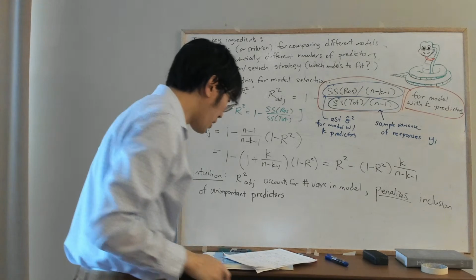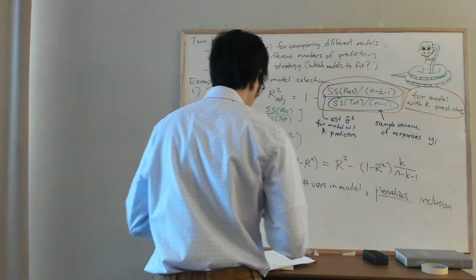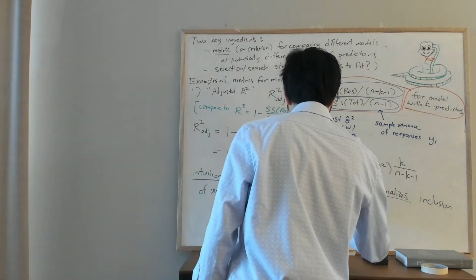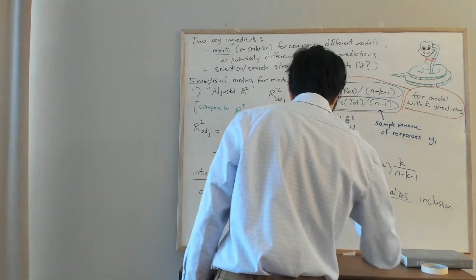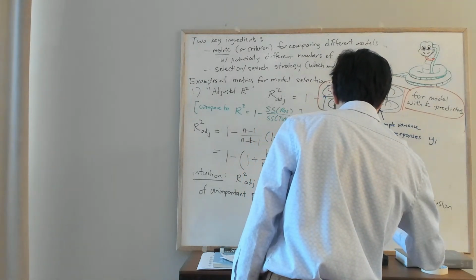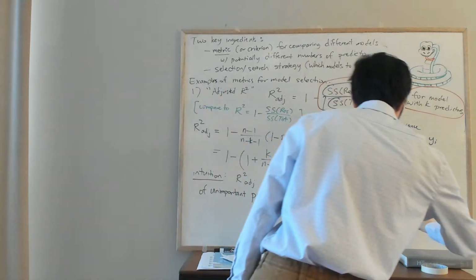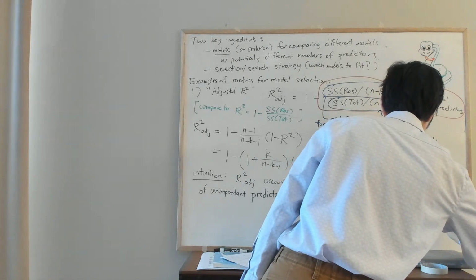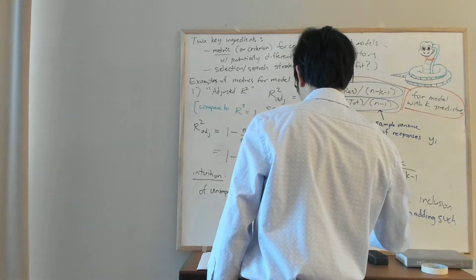And what do we mean by unimportant predictors? Let's make sure that's clear. Unimportant in the sense that the sum of squares residual has little change, has little decrease when adding such variables.